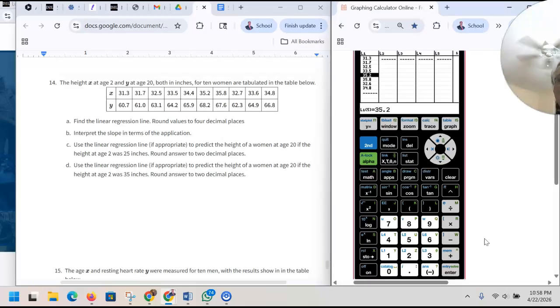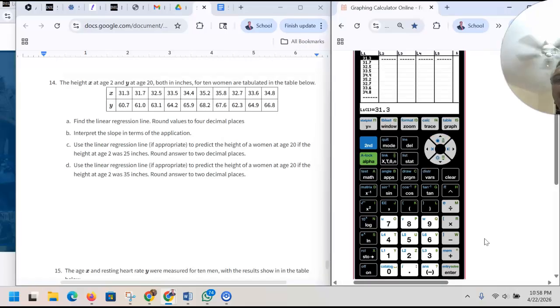And next is 34.4, 35.2, 35.8, then 32.7, 33.6, 34.8. So we have 10 of them.